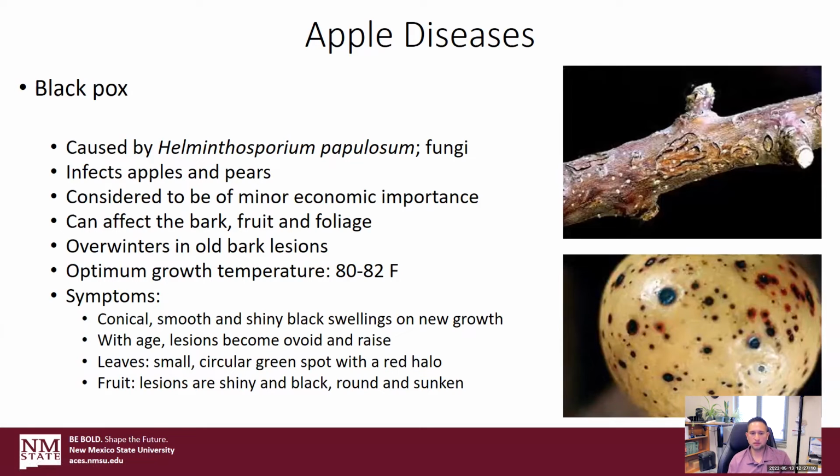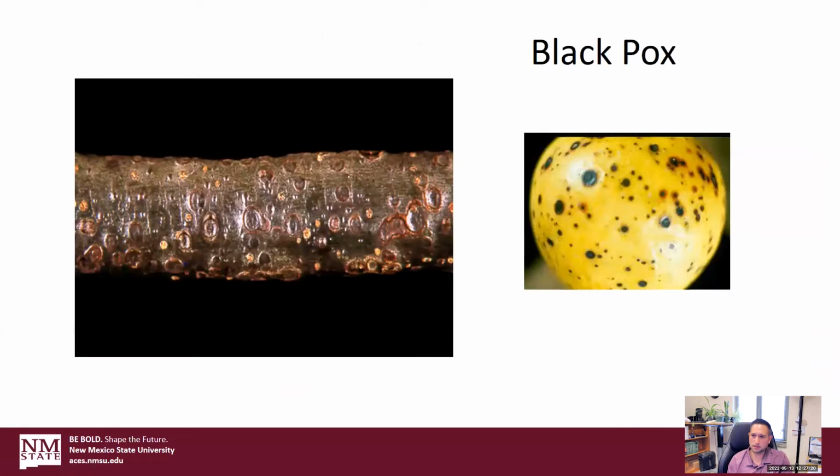On the leaves, they're small circular green spots, oftentimes with a red halo around them. Here are some more pictures of black pox, on the branches and the fruit.